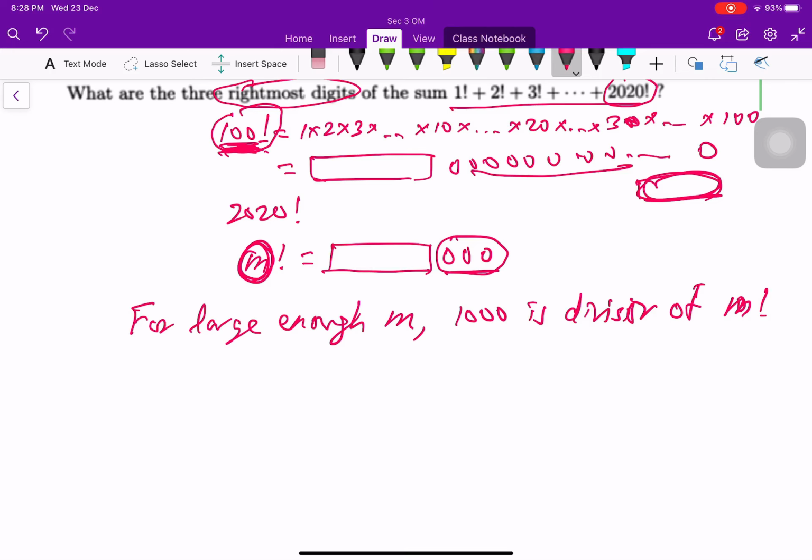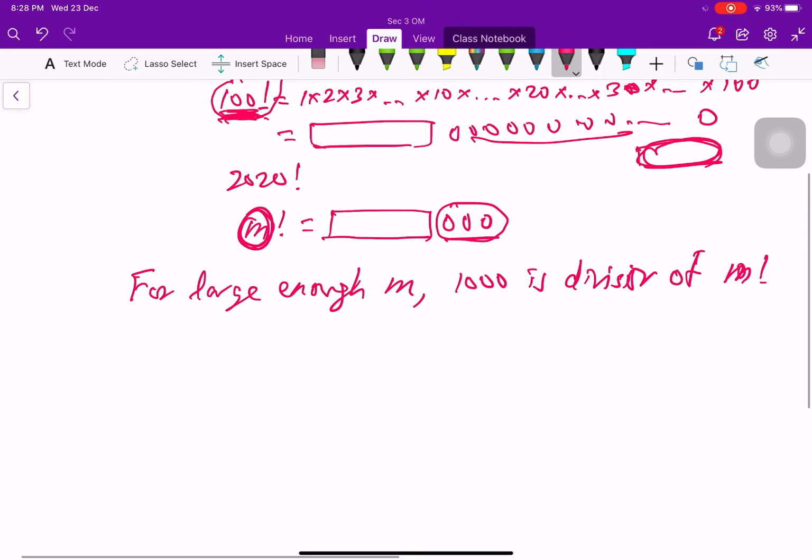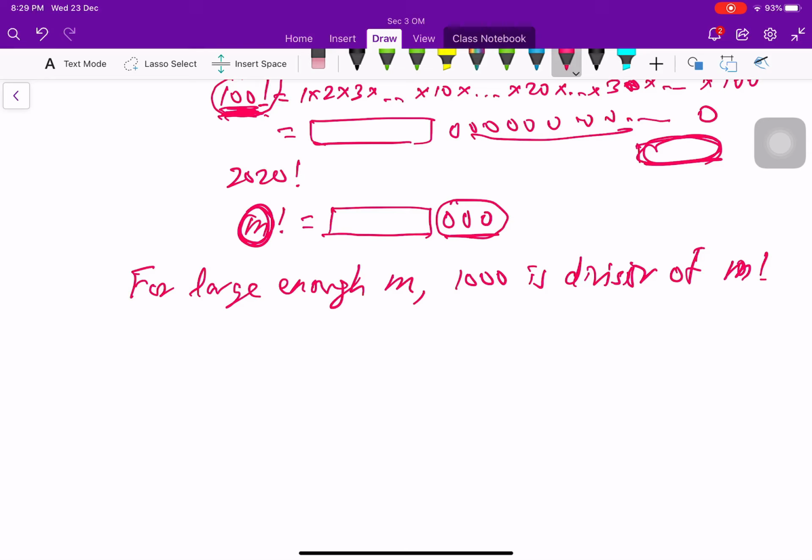Therefore, do you want to make a guess? Can you see that the answer here is m is equal to 15. M is equal to 15. Why? Because can you see that?